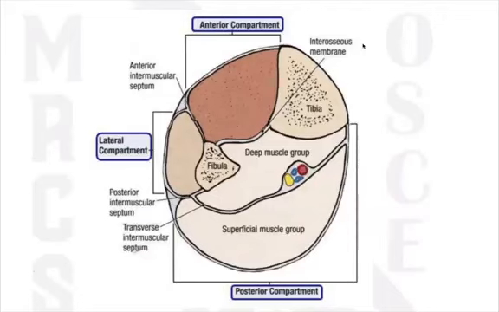So you have to know how those compartments are divided and via what. First, the anterior compartment is divided from the posterior deep compartment by the interosseous membrane. The anterior compartment is again divided from the lateral compartment by the anterior intermuscular septum.